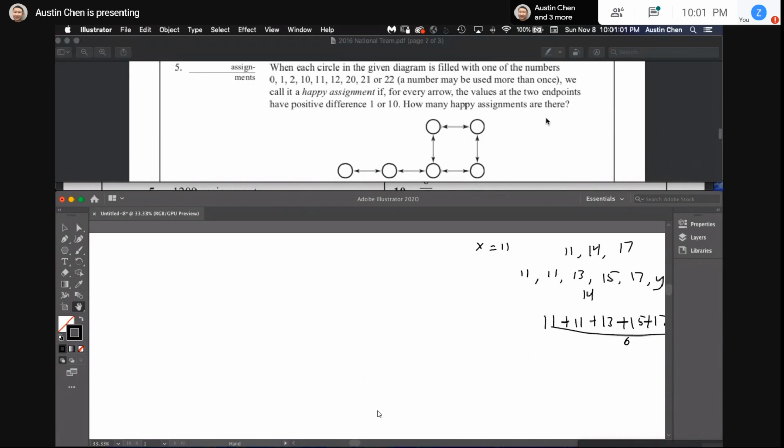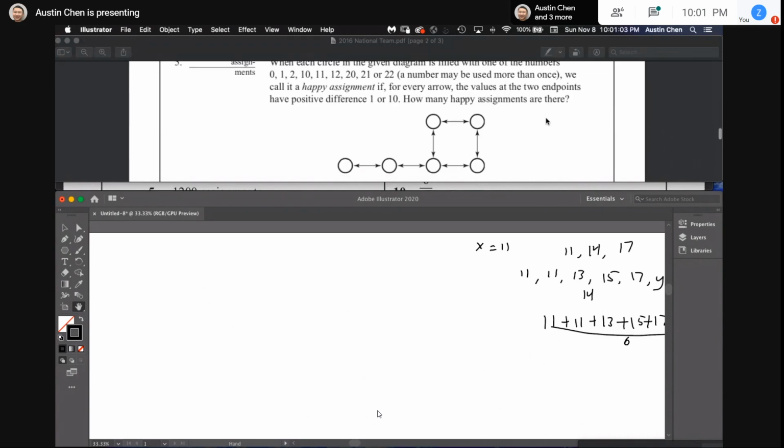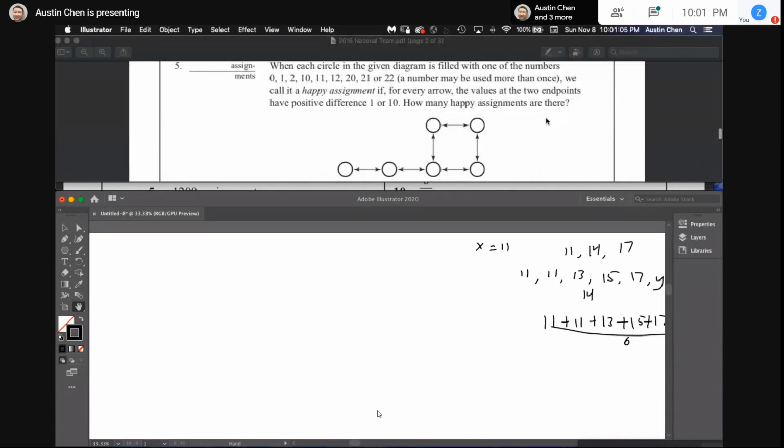When each circle in the given diagram is filled with one of the numbers 0, 1, 2, 10, 11, 12, 20, 21, or 22, a number may be used more than once. We call it a happy assignment if, for every arrow, the values at the two endpoints have positive difference 1 or 10.